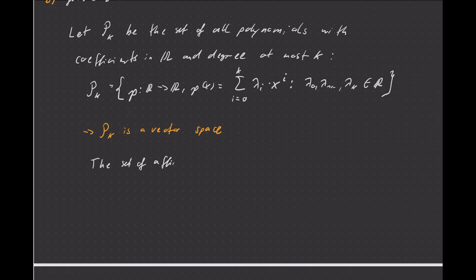So that set of affine linear functions is P_1. Okay, so I'm not going through the details here once again. It's the very same reasoning.